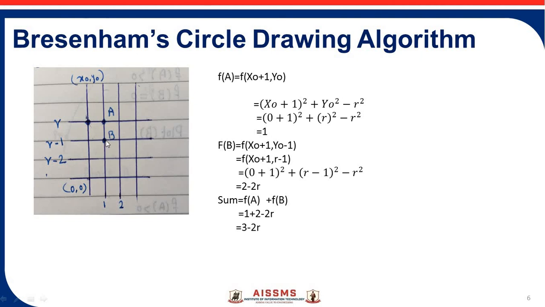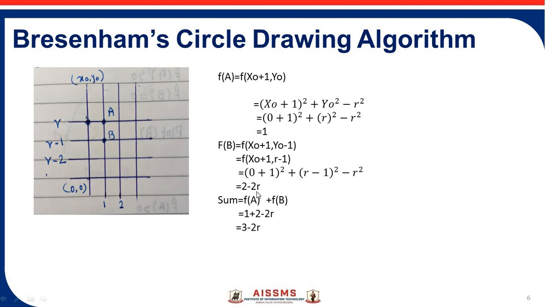The next vertex is b. For b, the vertex values are x0 plus 1, because it is moving to the right side, and y0 minus 1. By applying the circle formula, after simplification, we get (0 plus 1) square plus (r minus 1) square minus r square.